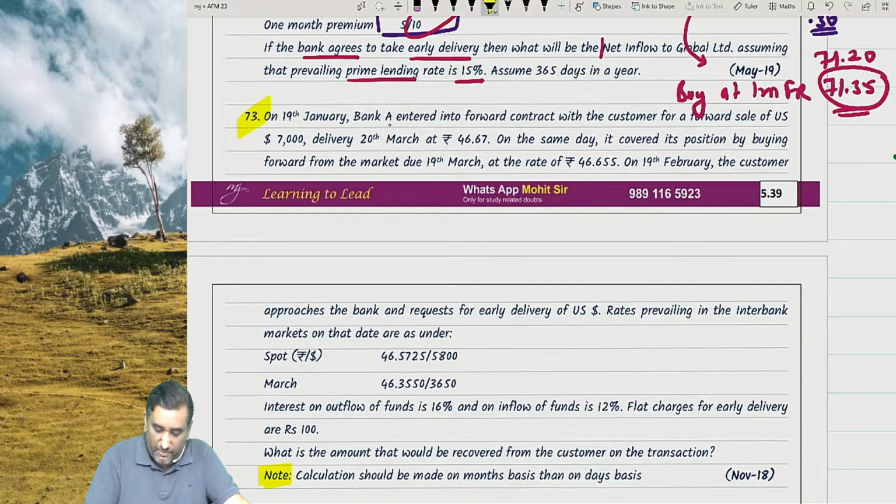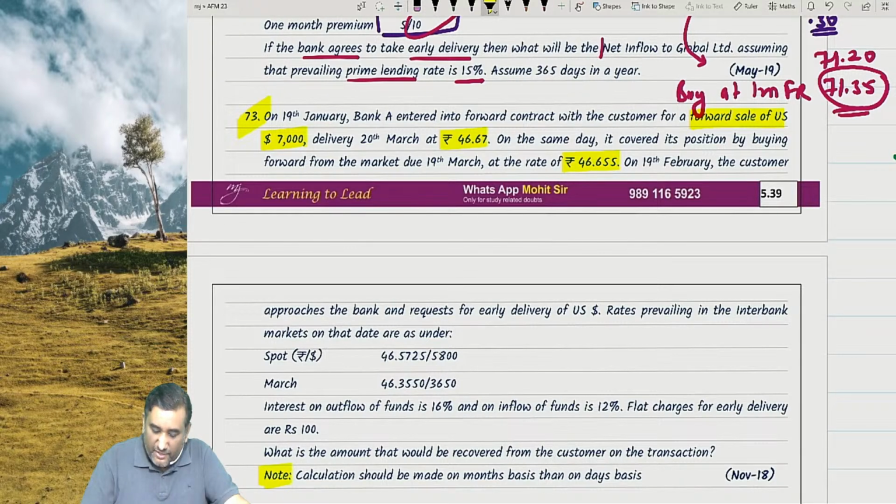On 19 January, Bank A entered into a forward contract with the customer for a forward sale of US dollar 7,000, delivery 20 March, at 46.67. On the same date, it covered its position by buying forward from the market due on 19 March at 46.55.